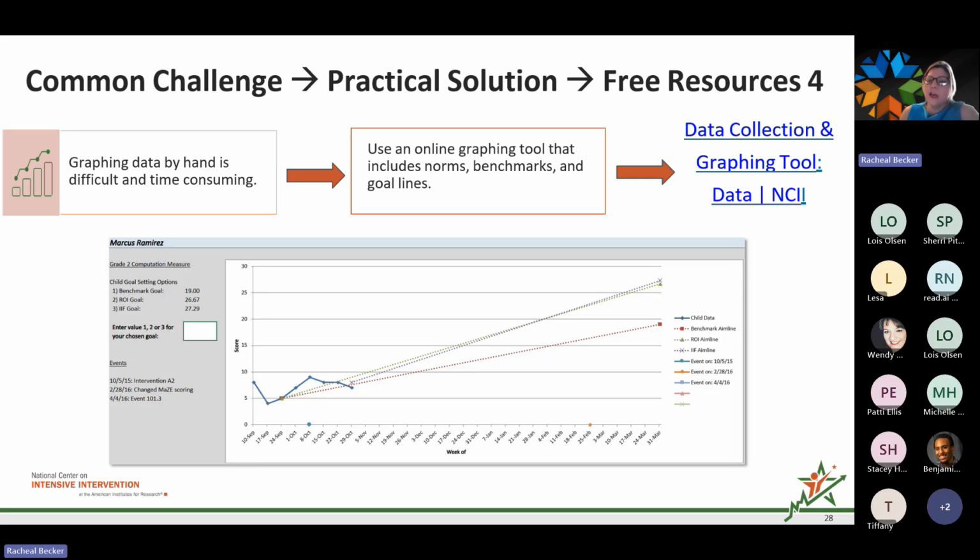It will walk you through that entire process. So I would highly encourage you to go ahead and check that resource out. And then you can literally download the Excel spreadsheet onto your computer and just use it and adapt it to your needs.